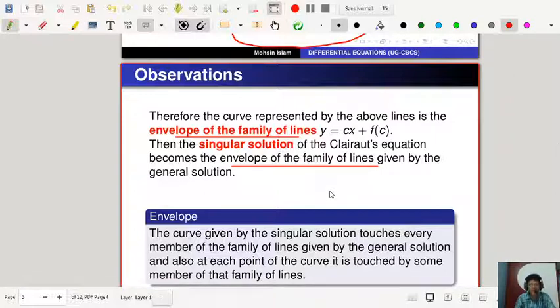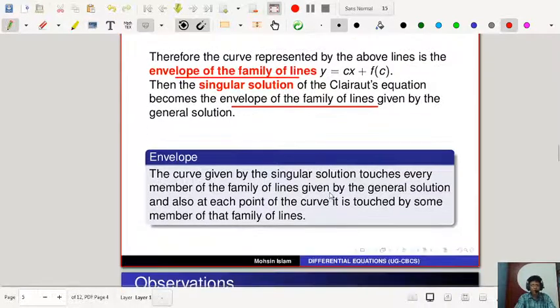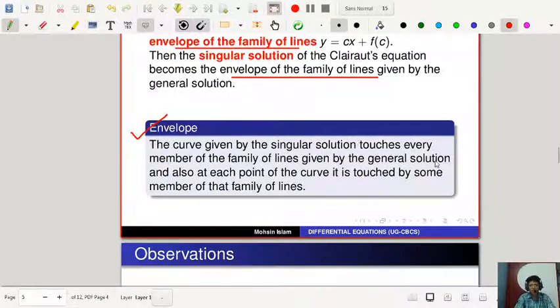It represents the envelope of the family of lines of the given general solution. And you know that this is the definition of envelope. The curve given by the singular solution touches every member of the family of lines given by the general solution, and also at each point of the curve it is touched by some member of that family of lines.